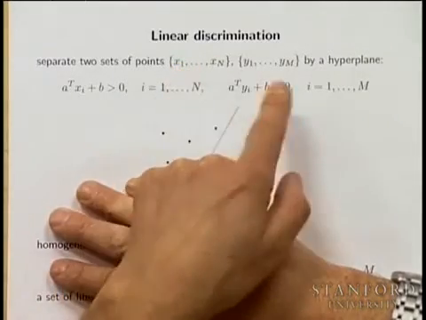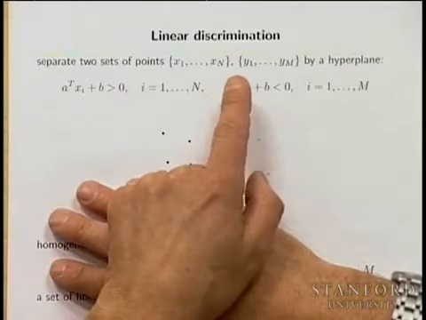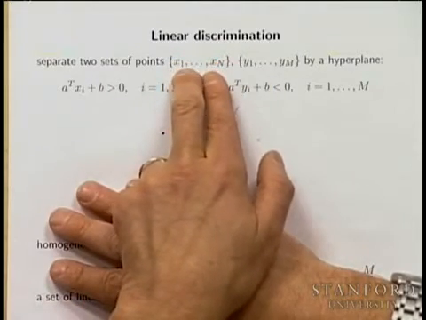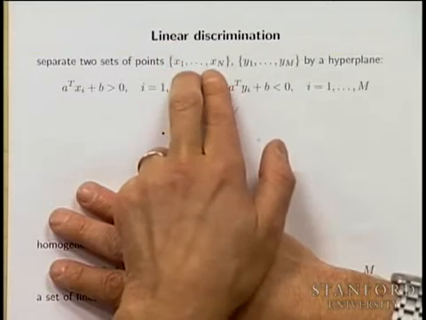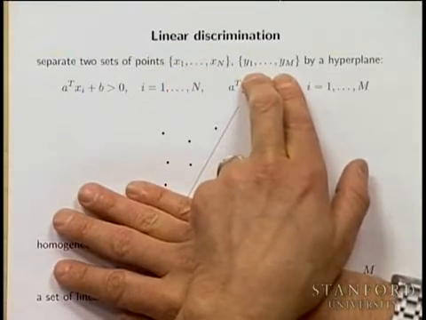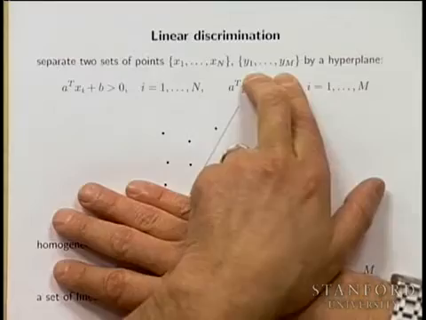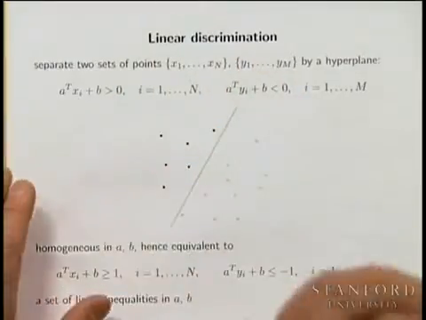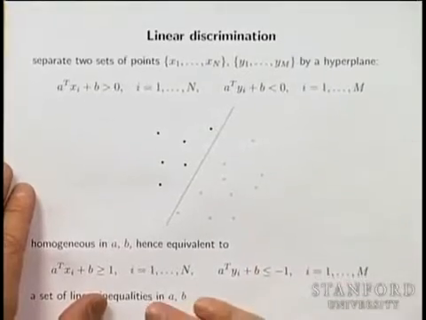I'm labeling them by the symbol, so X is one set, Y is another. This could be a bunch of vectors where something was present, and this could be a bunch of vectors where something was not present. But I know which is which here. I'm told which are which. And what I want to do is this.